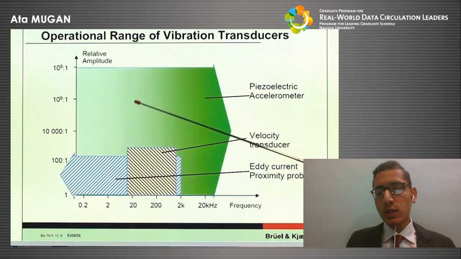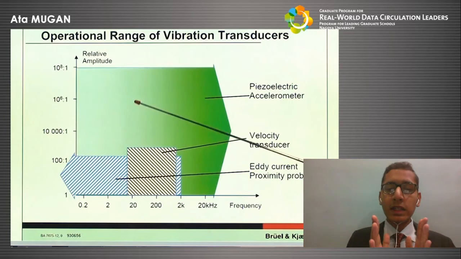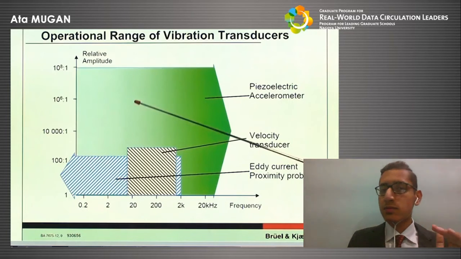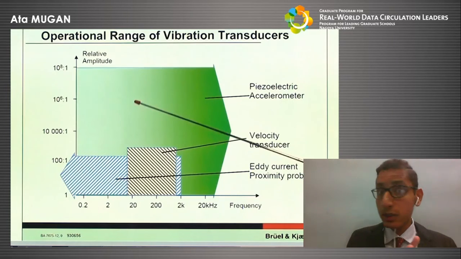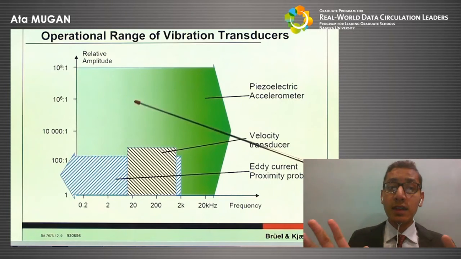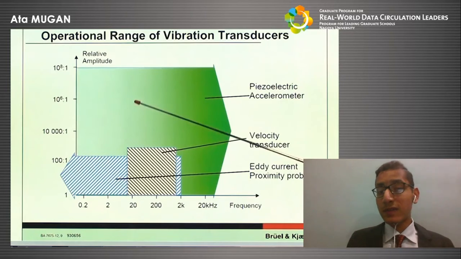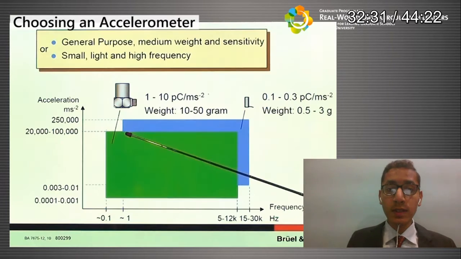The velocity transducers have a limited frequency range and similarly a limited amplitude range, while the piezoelectric accelerometer gives us a great range of amplitude and frequency. That's why it is the best one to use for our required purposes.